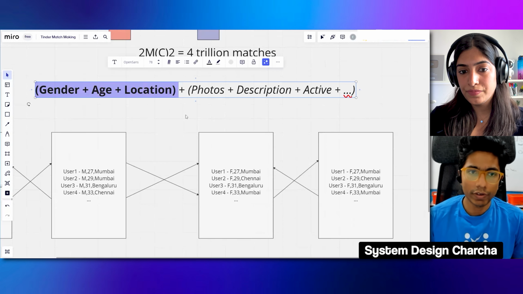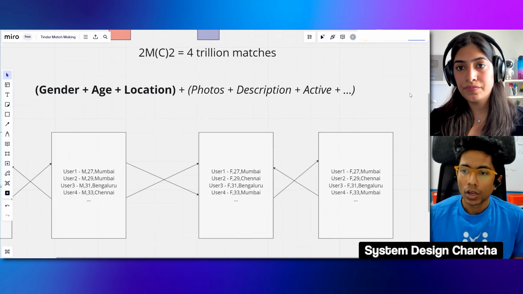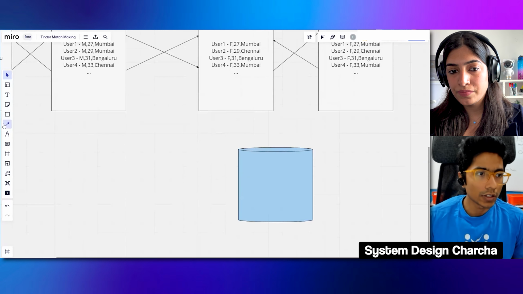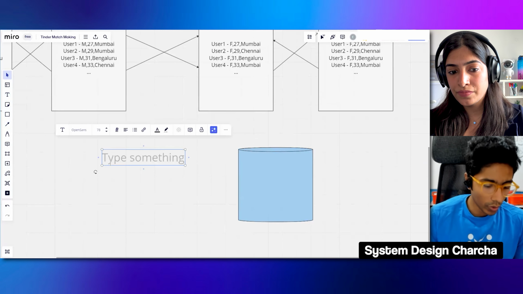This is a good idea usually when you're storing things. Let's start with the API. I think Keerti, this is something that you tend to do and it works out really well.